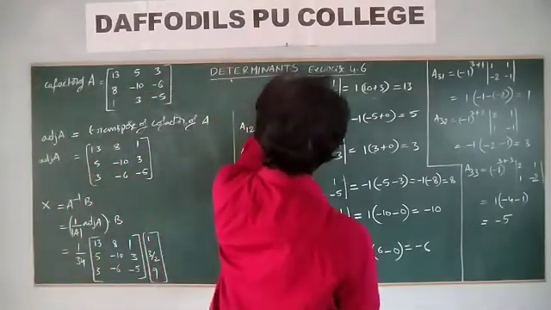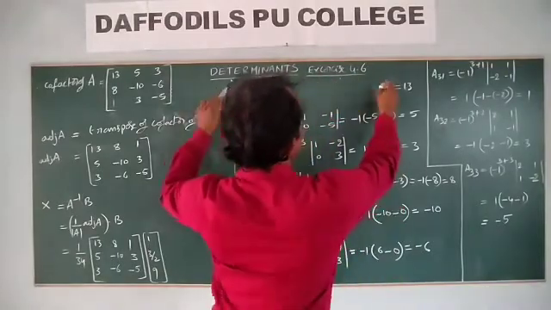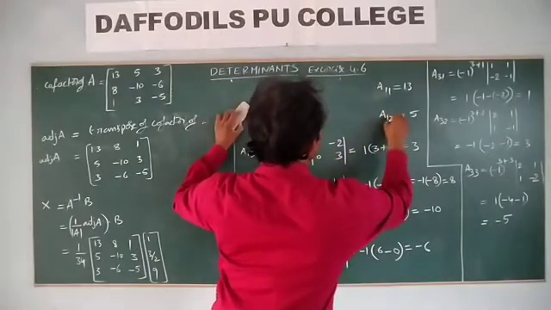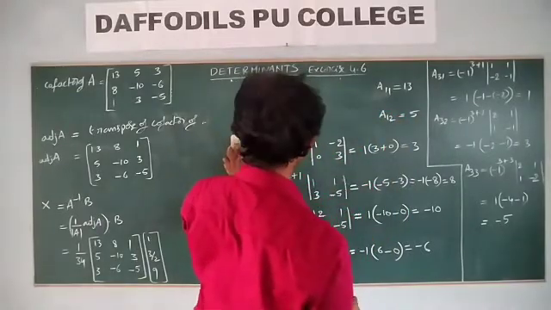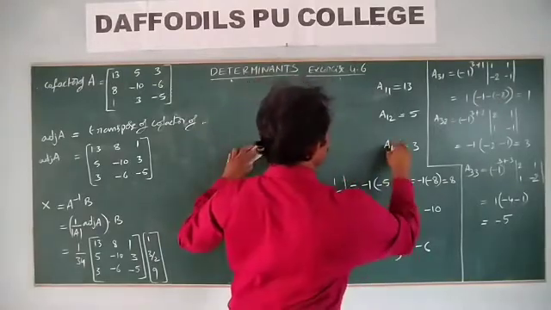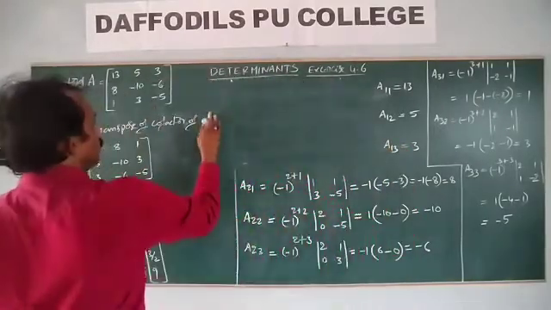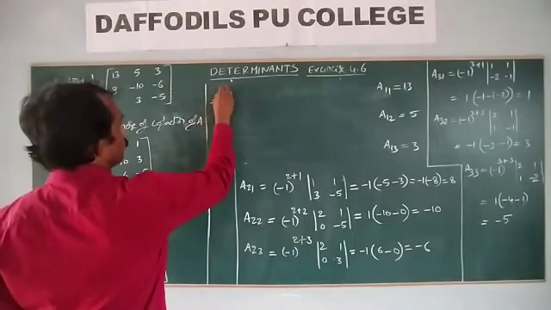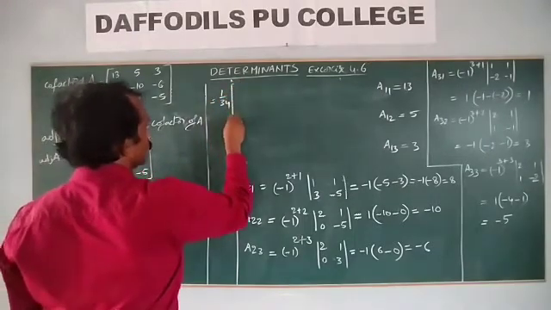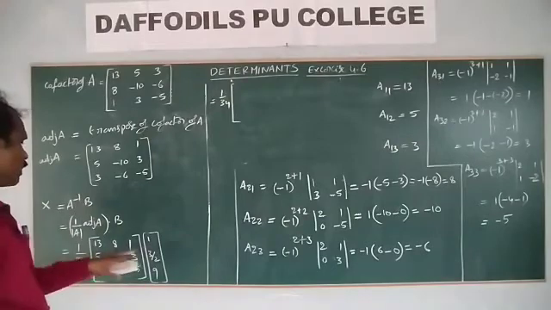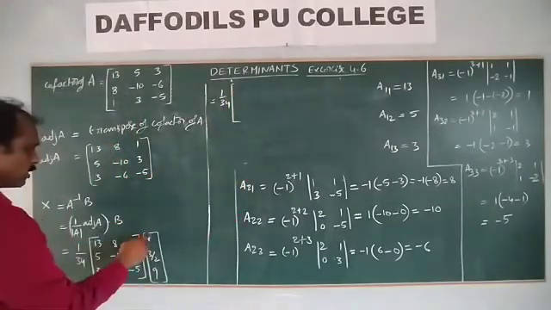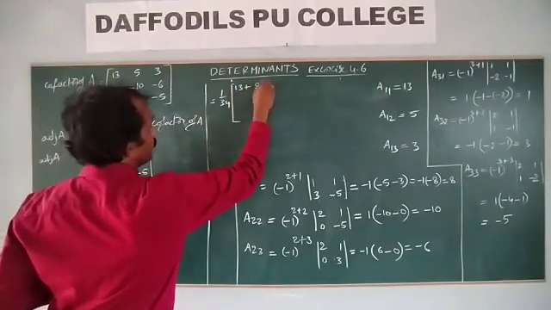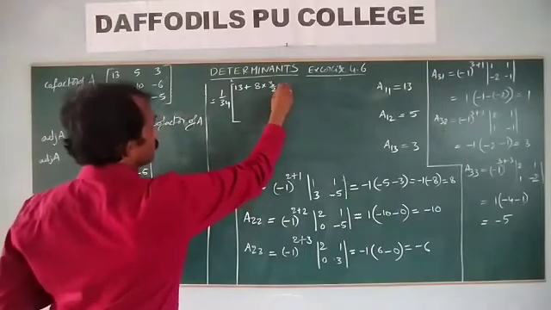Arrange this one: A11 value 13, A12 value 5, next, A13 value 3. Cofactor. Now we multiply. This is equal to 1 by 34 of 13. This row into this column: 13 plus 8 into 3 by 2 plus 9.